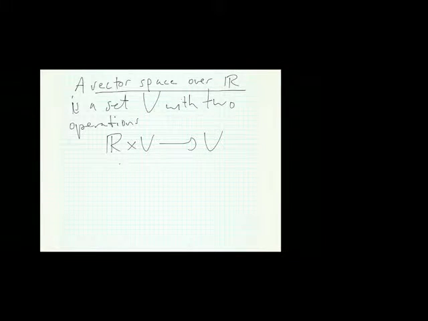So I have a map like this. I don't give my map a name, I just give it this notation. So the pair alpha, v, where alpha is a real number and v is an element of V called a vector, gets mapped to something we just call alpha v. It's like some kind of multiplication. So this is what we call scalar multiplication.